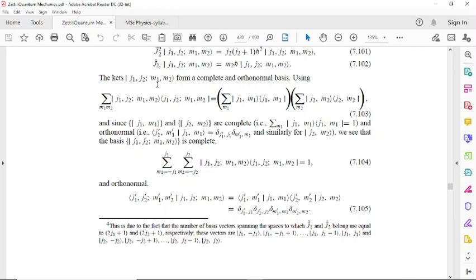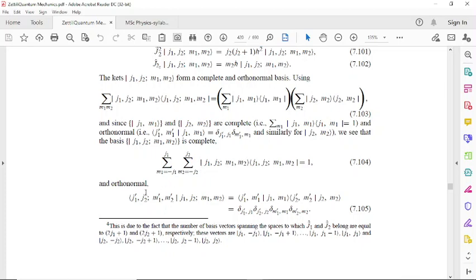|J1, J2, M1, M2> form a complete and orthonormal basis. Using this completeness relation, you can write the sum of |J1, J2, M1, M2><J1, J2, M1, M2|, which is the sum of |J1, M1><J1, M1| times |J2, M2><J2, M2|, and the completeness relation gives that this is equal to 1.